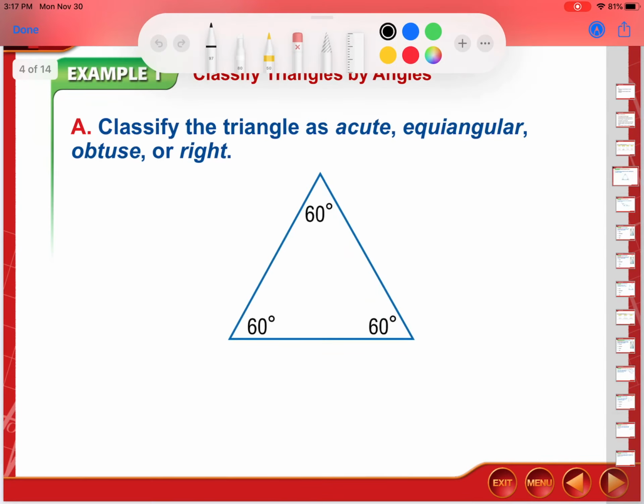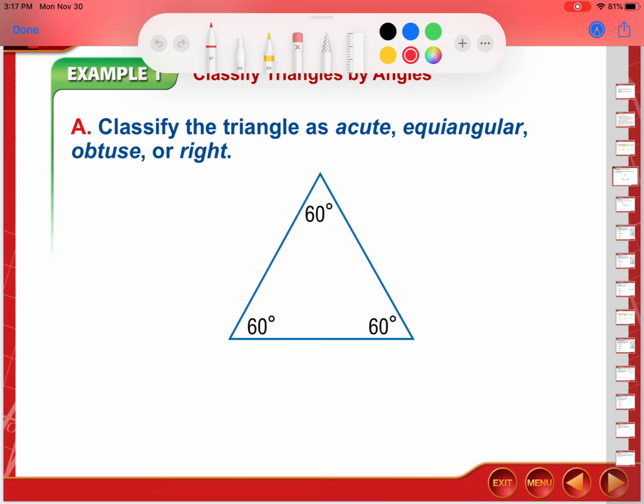Okay, so now we have some lovely pictures, beautiful examples. We shall continue. All right, so our first task is to classify the triangle as acute, equiangular, obtuse, or right. Acute triangle: all angles are less than 90 degrees, so they're just teeny tiny little angles.